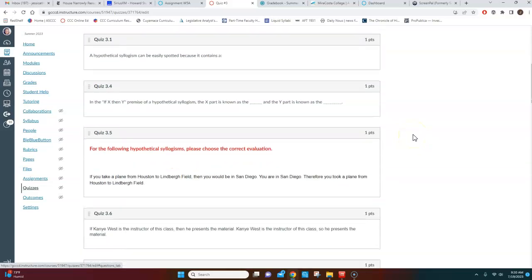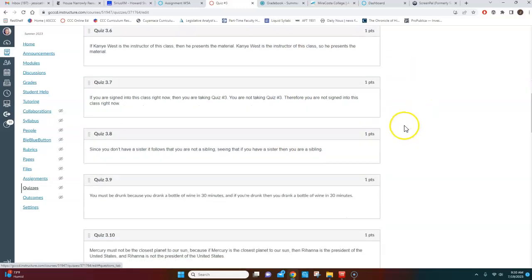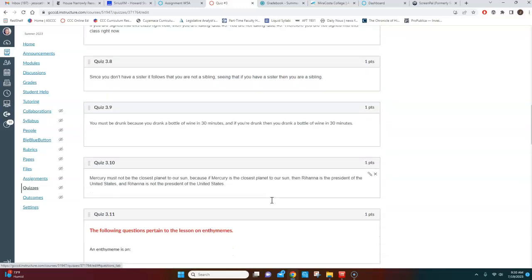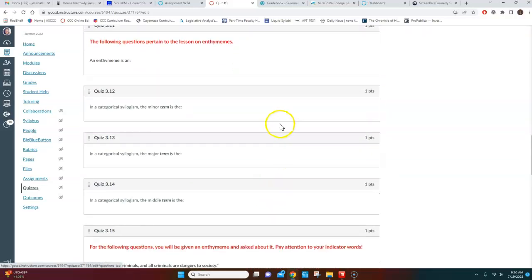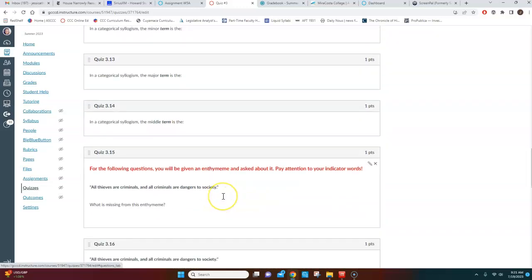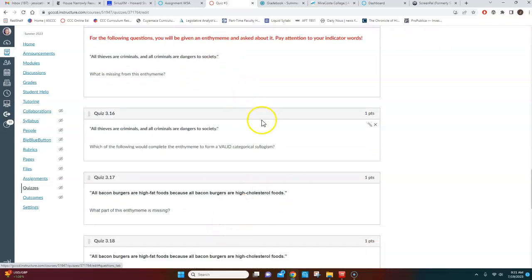And then you need to choose the correct evaluation for a handful of them here. Then a few general questions on enthymemes, and then some questions like the ones we did in that assignment.